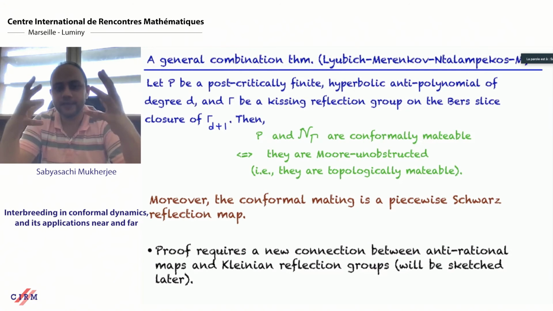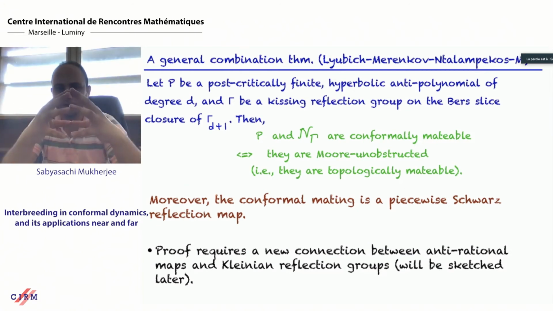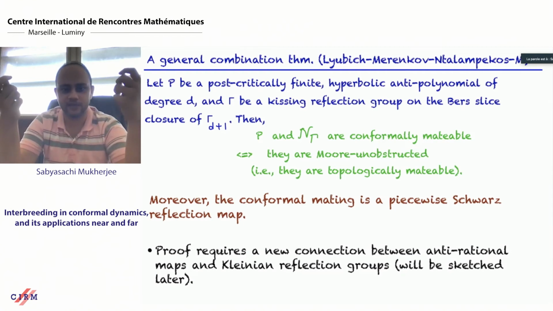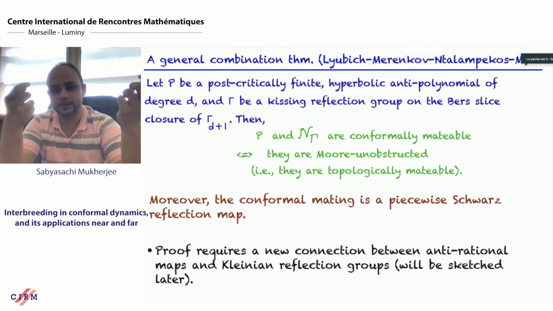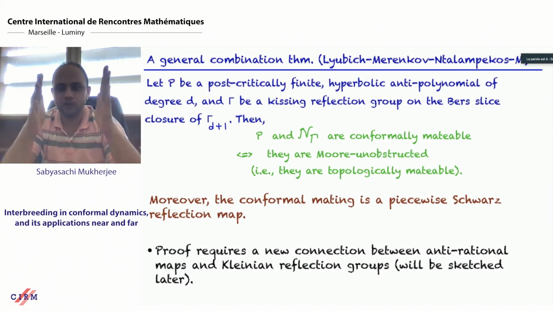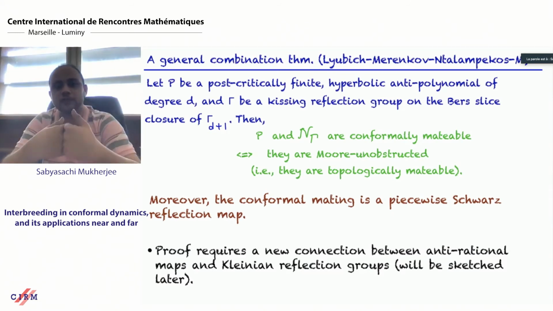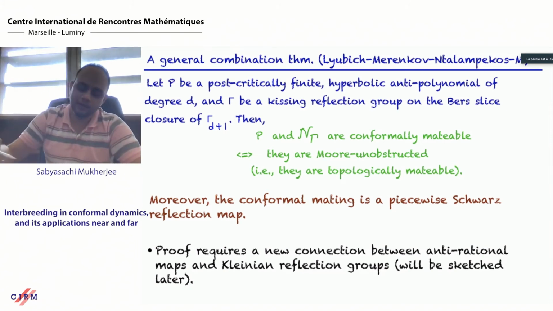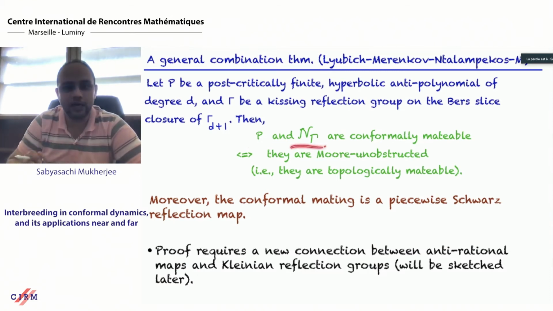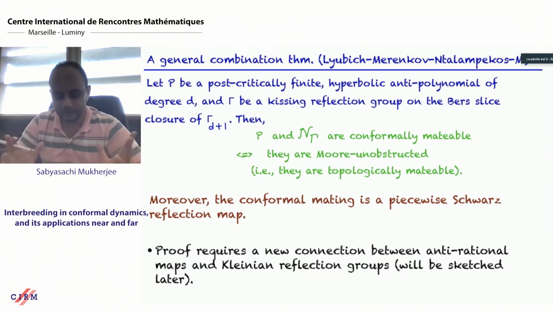But the question is, in the polynomial case, there's an obvious way of gluing them. You identify the point with external address T with the point with external address negative T. That's because when you glue two polynomials, they have the same external class. Now, how are you going to glue the dynamics, or the filled Julia set of P, with the filled limit set of gamma so that the gluing is dynamically meaningful?